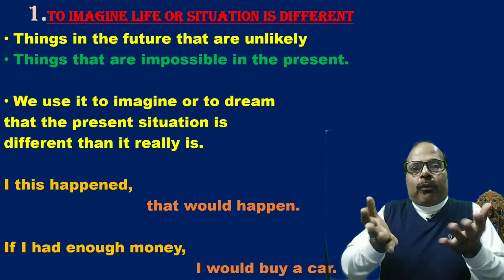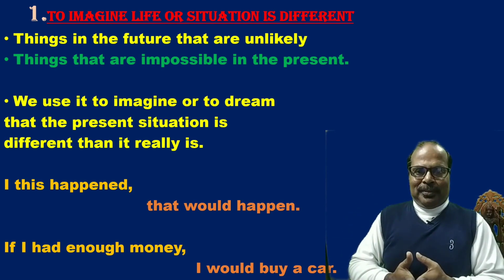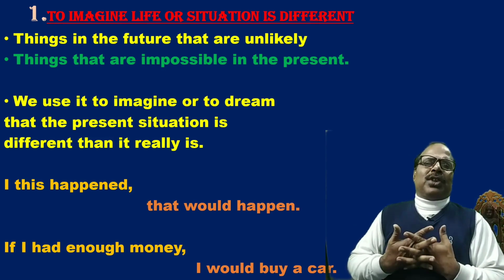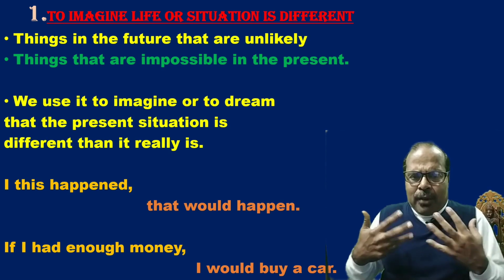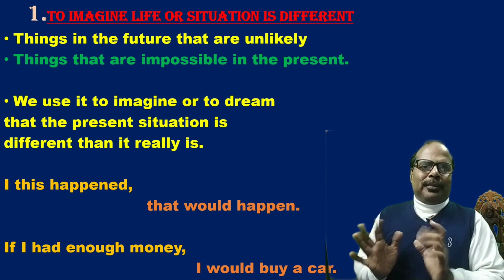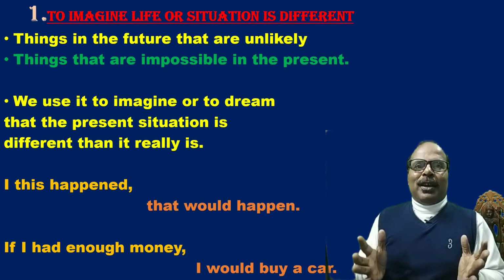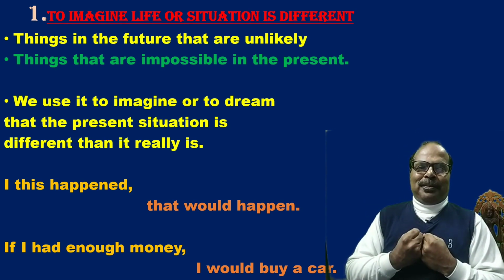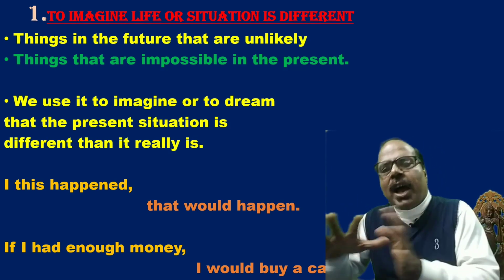If I won the lottery, I would buy a house. Again, things that are impossible in the future. For example, if I were the Chief Minister of West Bengal, I would, perhaps, it is impossible. Or, if I were the designer of this planet, or if I design this planet, I would.